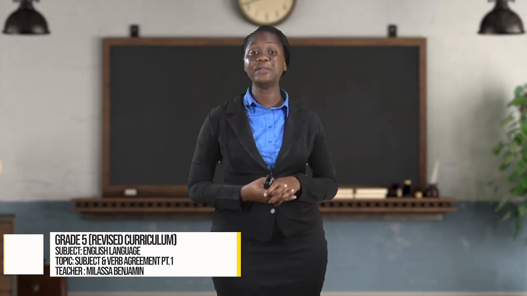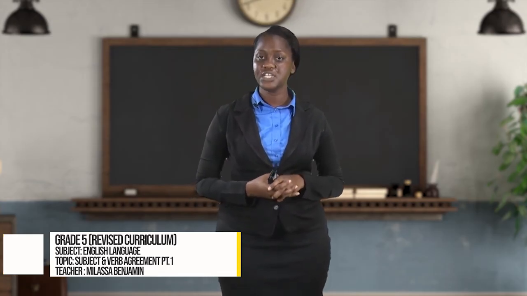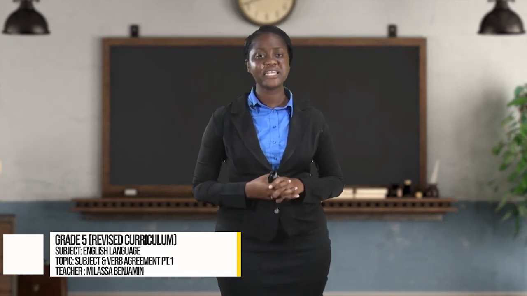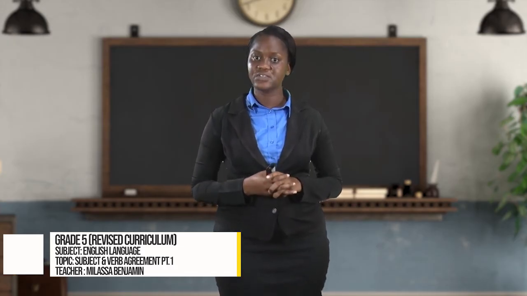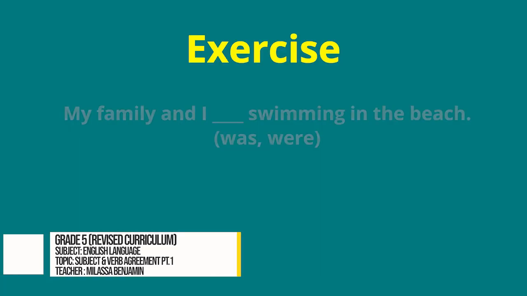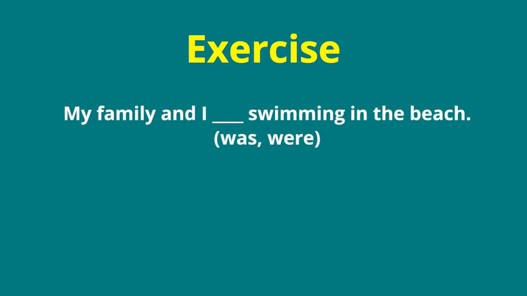We will choose the correct form of the verbs in brackets to complete each sentence. This exercise is based on Rule 4. So let's take a look at number 1. It states that my family and I something swimming in the beach.